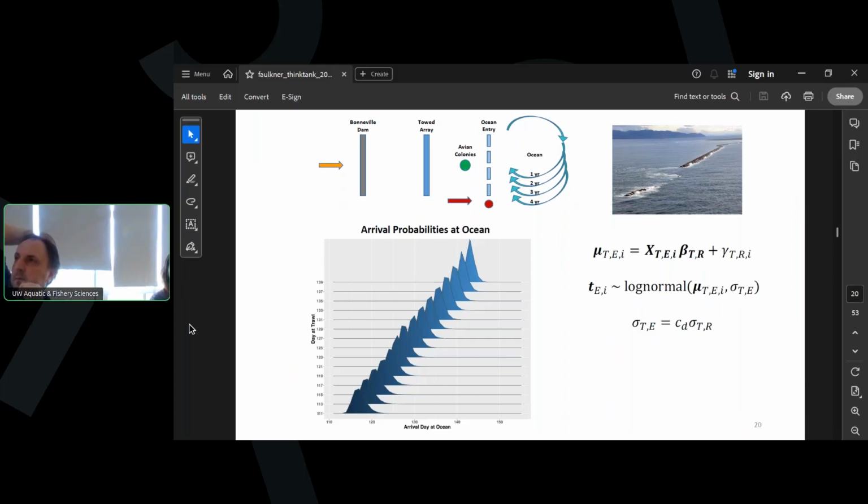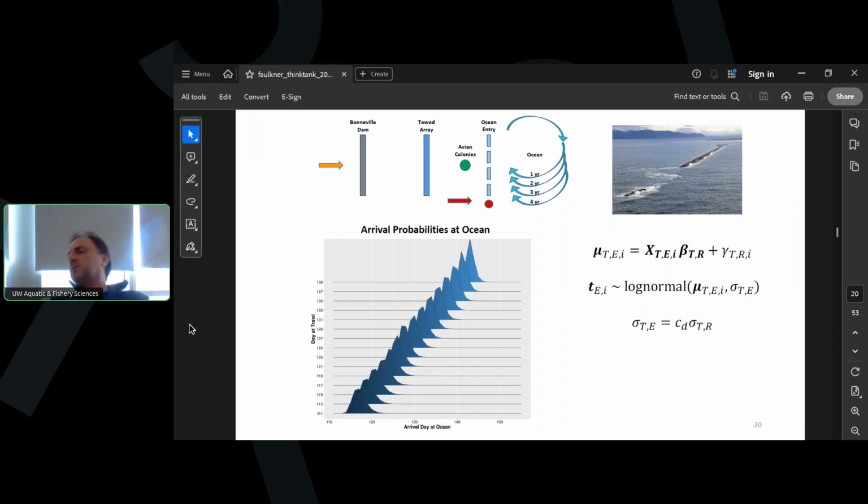And then we create this false line of ocean entry where, again, this is another assumption that could probably be improved. There are some acoustic tag studies that look at travel time through the estuary and out into the plume and into the early ocean, the travel time and survival.